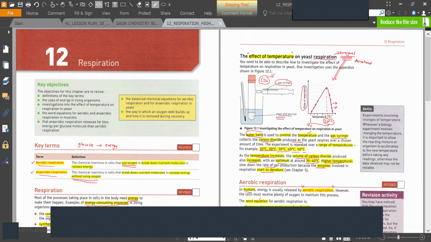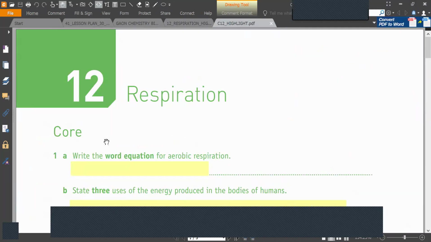So now we will look at the workbook. So this is the workbook. And then later I will send you also the homework. The homework is coming from this book here.